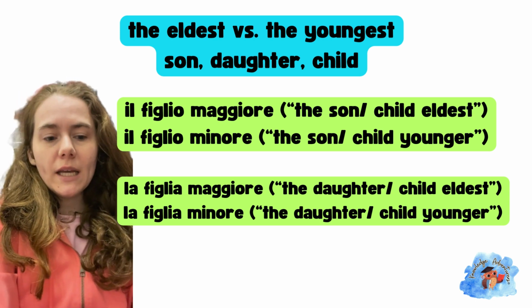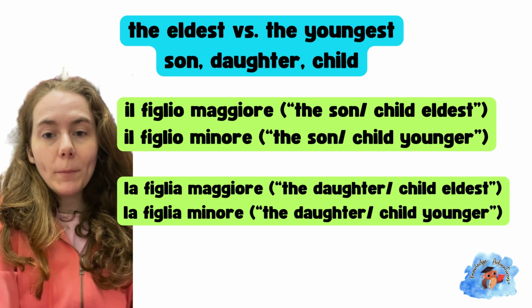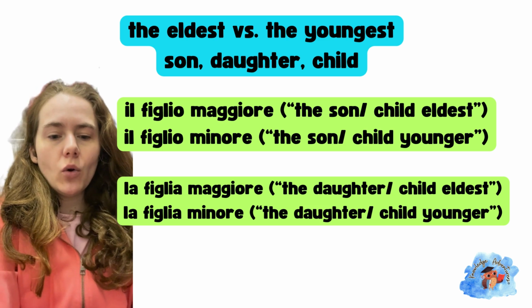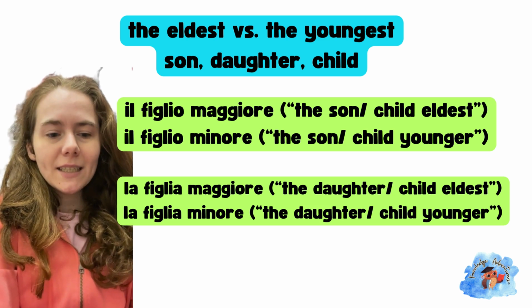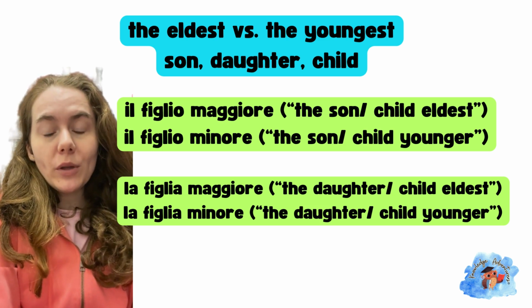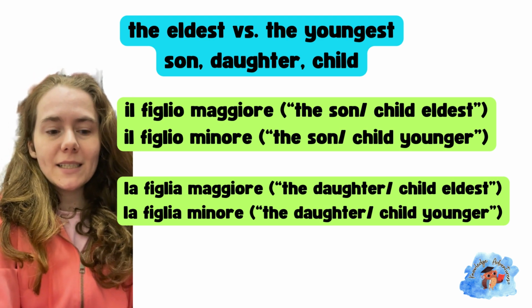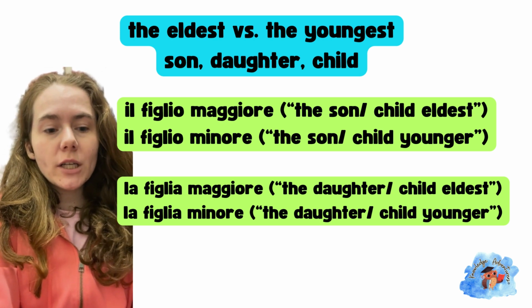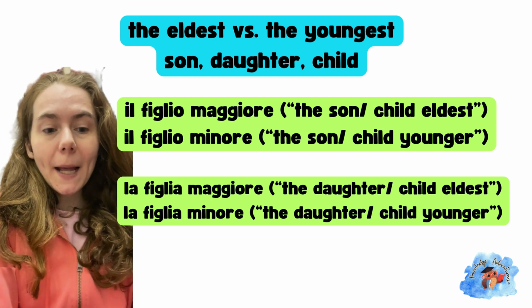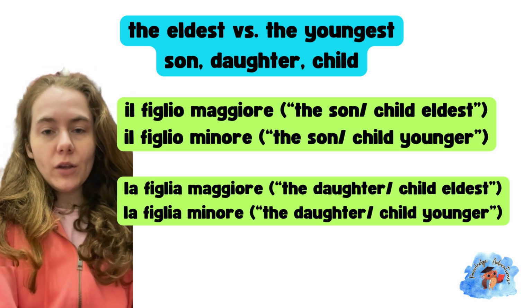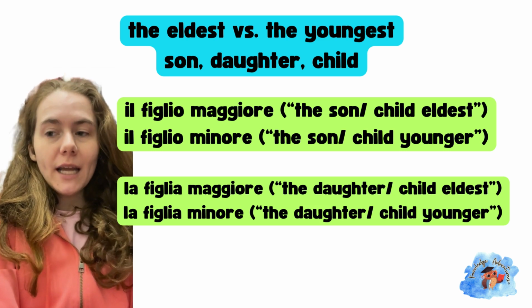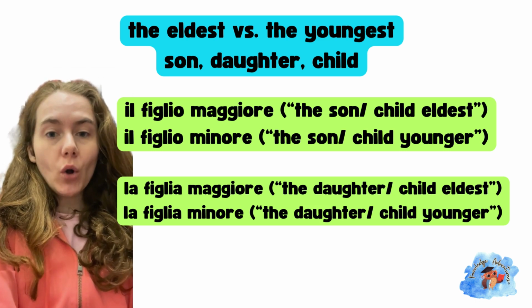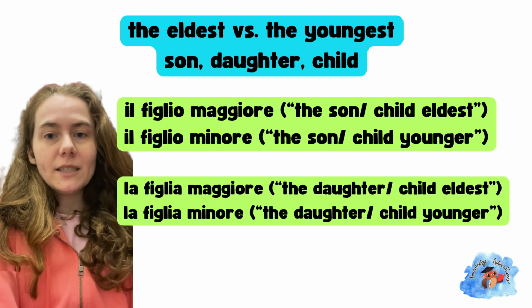So this is going to be il figlio maggiore for the oldest son, il figlio minore, the youngest son. Now change those to feminine, change it to a girl version: la figlia maggiore for the oldest daughter, and la figlia minore for the youngest daughter.